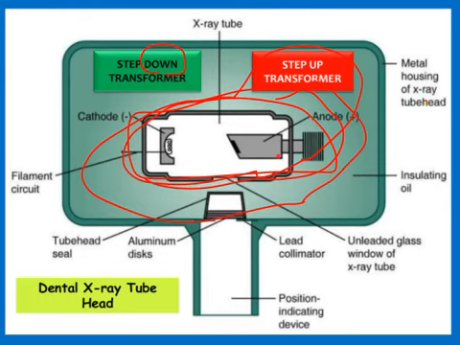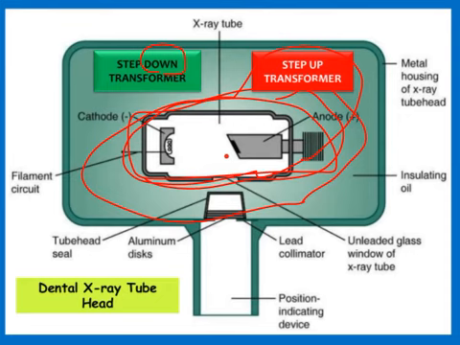Now, the oil, as you know, has to be contained. So we use the metal housing of the X-ray tube head. This metal housing is made of lead again, which helps prevent any radiation from going outside. So the lead metal housing of the X-ray tube is made to contain the insulating oil.